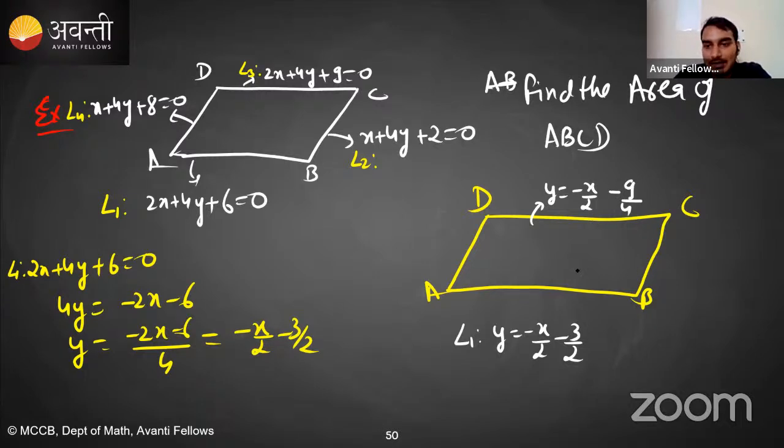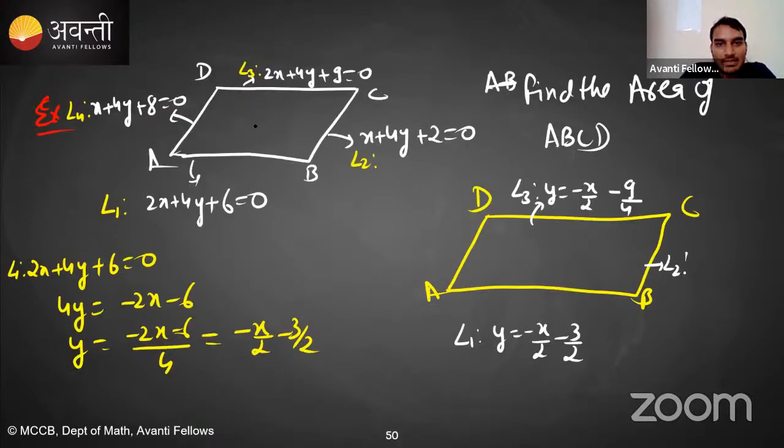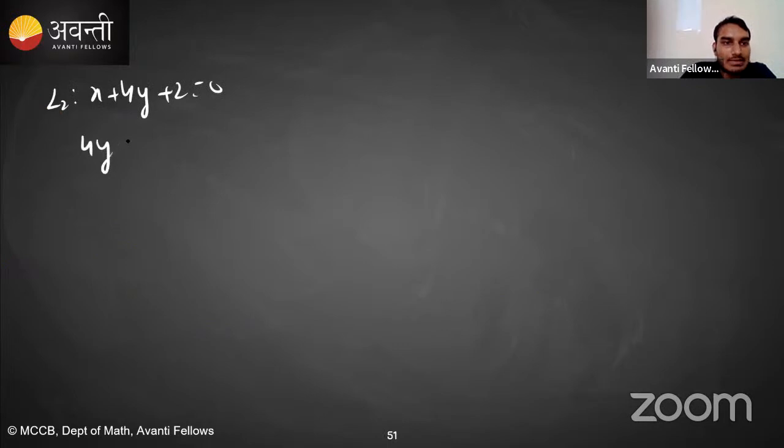Okay. Similarly, this is L1, this is L3. What would be L2? Tell me. x plus 4y plus 2 equal to 0. 4y is nothing but minus x minus 2. What is y?